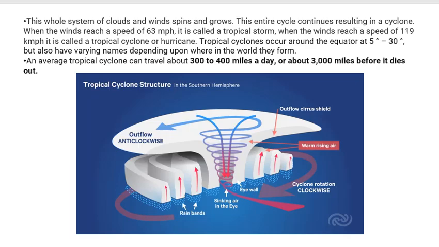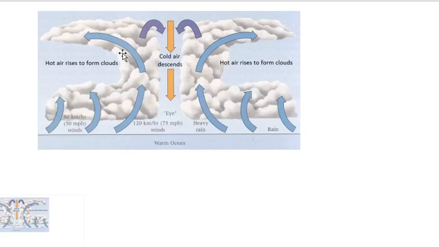It makes a structure with a middle that is called the eye. And with the help of Coriolis force, the air takes the shape of spiral bands and moves upwards, and it disperses the air in an anti-clockwise direction.